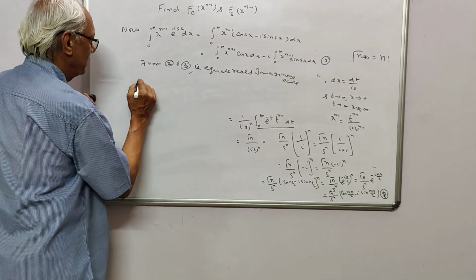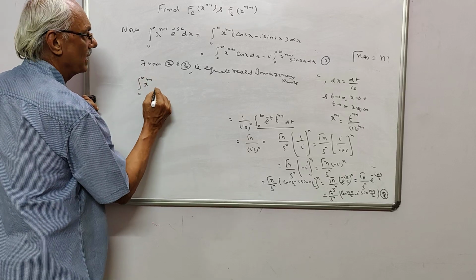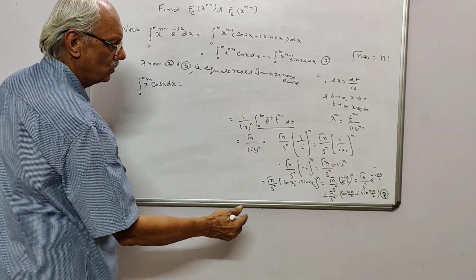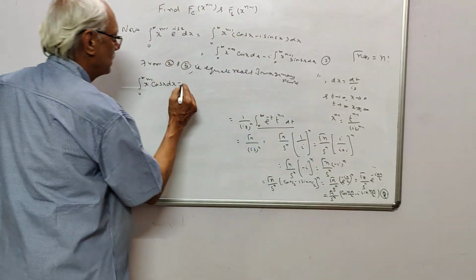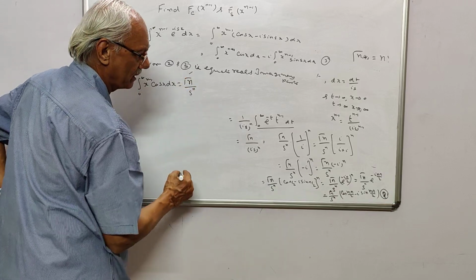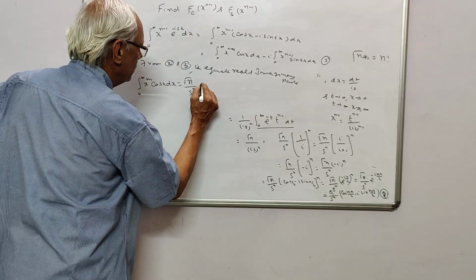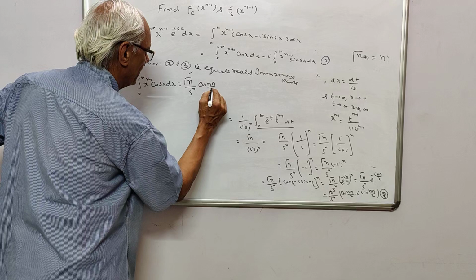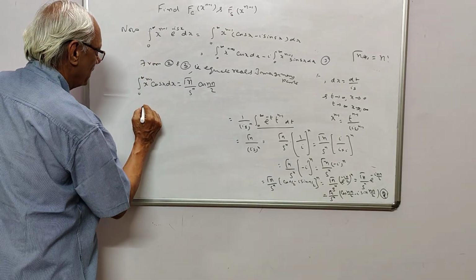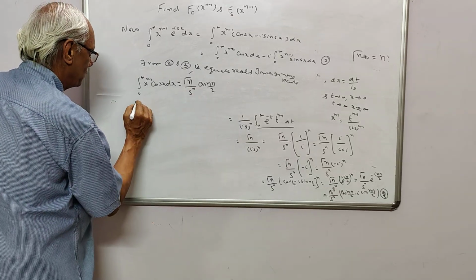So what will you get here? The integral from 0 to infinity of x to the power of n minus 1 cos sx dx is equal to, what is the real part here? It is gamma of n divided by s to the power of n into cos n pi by 2. This is equating the real part. Now multiply this by 2 by pi.